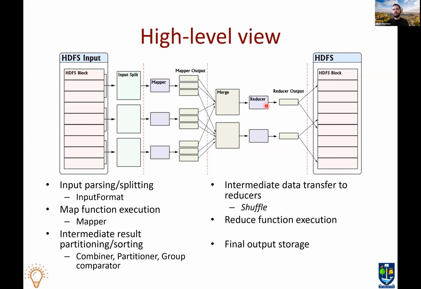The intermediate data transfer to reducers happens during the shuffle phase, as someone mentioned on Slido. Again, I need this to be clear. It's the reducers that fetch data. It's not the mappers that send, right? There is a reason behind this. If you allow mappers to send data to reducers, that transfer might be in vain because something might happen in the map phase, and some other mapper fails, and then the computation needs to be restarted.